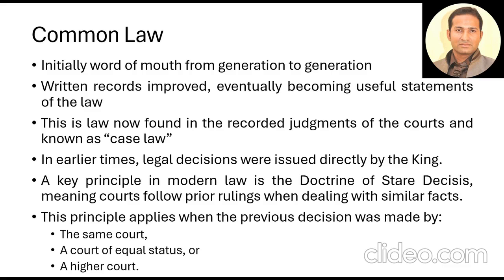You cannot refer to any district court decision because that court is inferior compared to the Supreme Court of Canada. All right. So the rule for use of the doctrine of stare decisis is that the decision should be from the same court or any court of equal rank or any court of higher rank, not from any court of inferior rank. That will not be admissible.